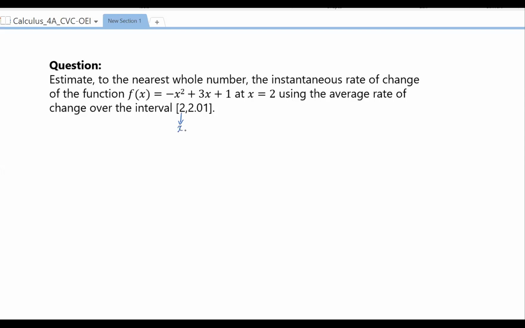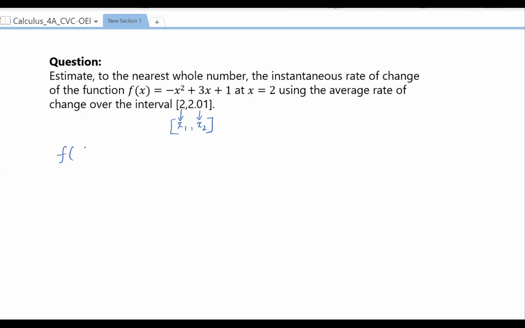But remember, we are using the average rate of change, so you need 2 points, right? So go ahead and find f of 2.01. So in the given function, okay, that gives us 2.99.